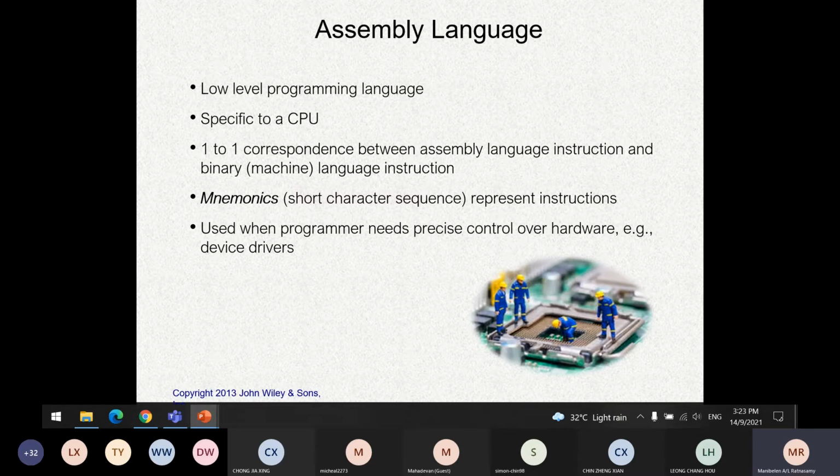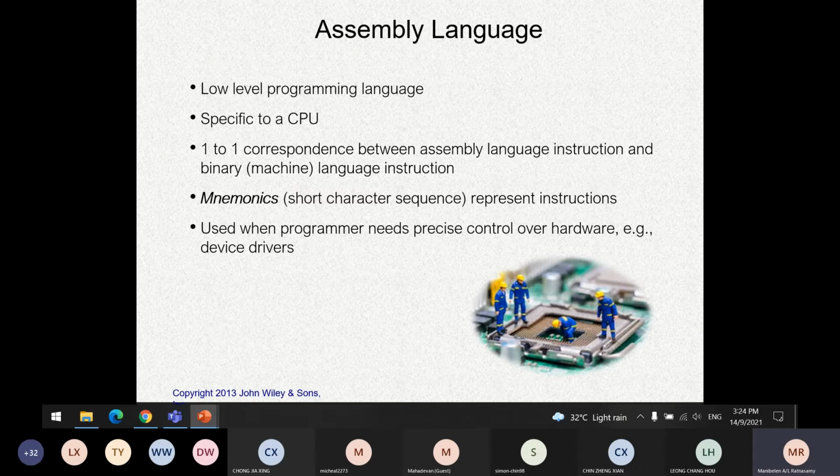And remember I told you guys, it is also known as a symbolic language, or we call it mnemonic. Mnemonic means it's a combination of digits and symbols, or we call it a short character sequence, used by the programmers whenever they need to control the hardware. Example, the device driver.